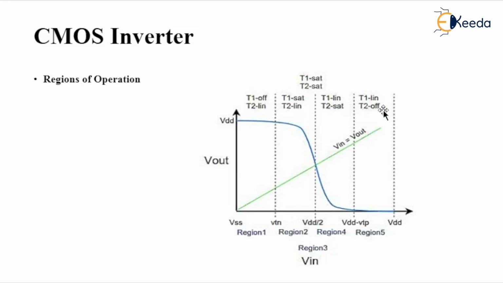T1 will be in linear and T2 will be off. See carefully. Region 1 and region 5 are opposite in direction. Region 2 and region 4 are also opposite to each other. But wherever region 3 is there, both transistors will be in saturation.